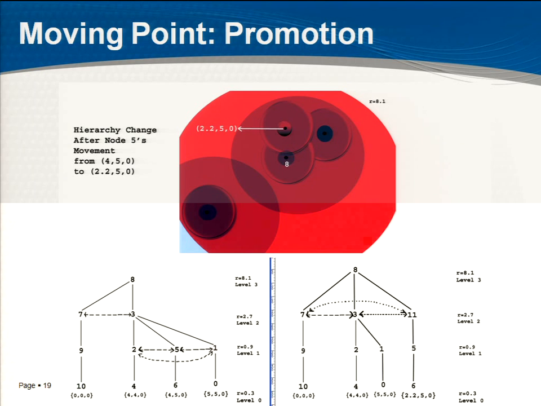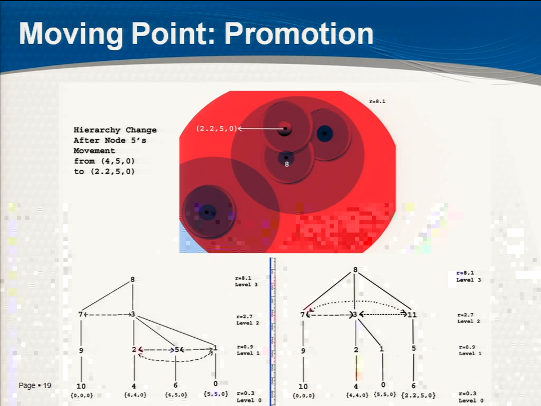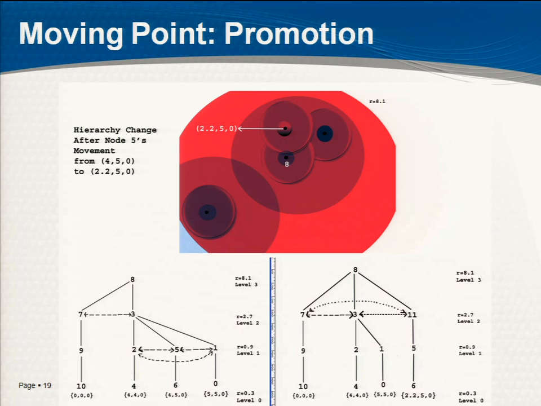Then it moved from this location to here, out of this covered level. Since in this level it's covered, it needs to be promoted to the upper level. Then it becomes a neighbor with these blue ones in that level.